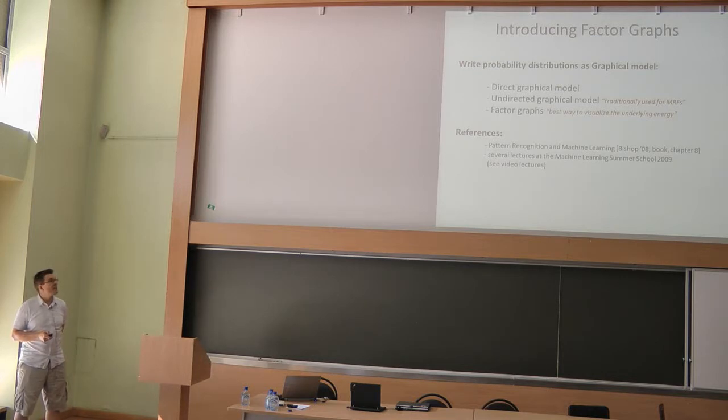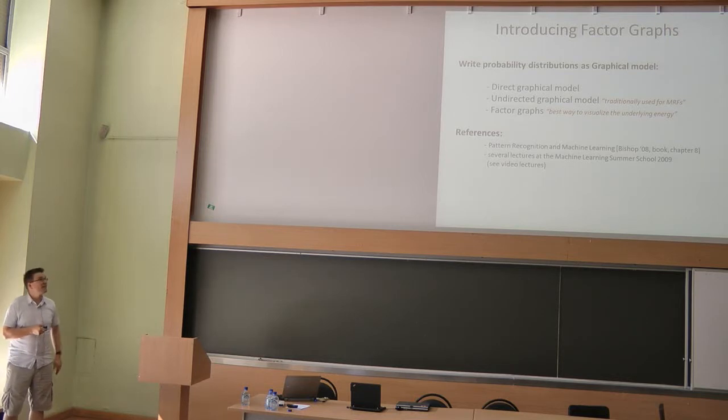There are various forms of how to write graphical models: undirected graphical models, directed graphical models, and factor graphs. For quite a lot of the vision problems, when you deal in the end with energies, factor graphs are the most useful way of visualizing energies. And I will explain one example in a second why that is.